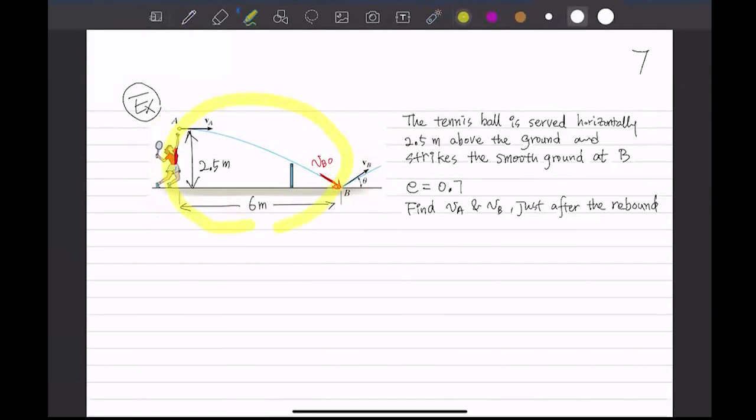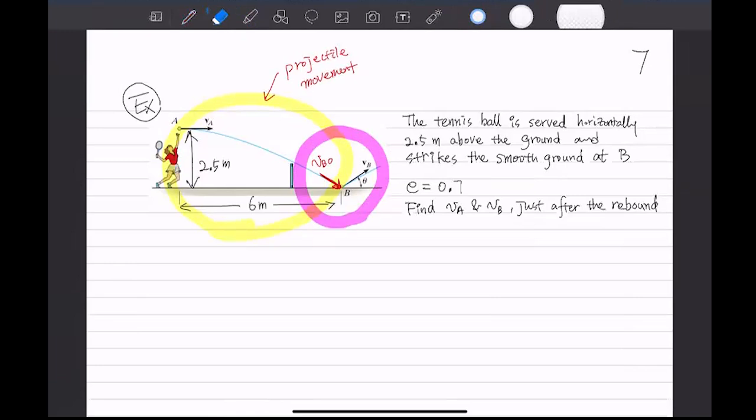So here is one thing, and this is a projectile movement. And what happens at this point, that's an impact kind of thing, right? So having that in mind, let's approach this problem.